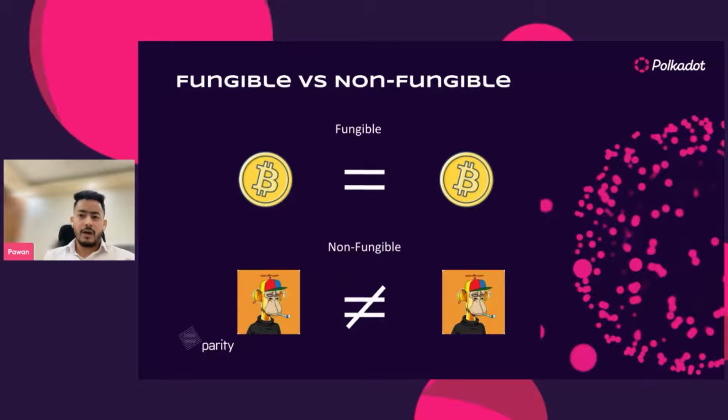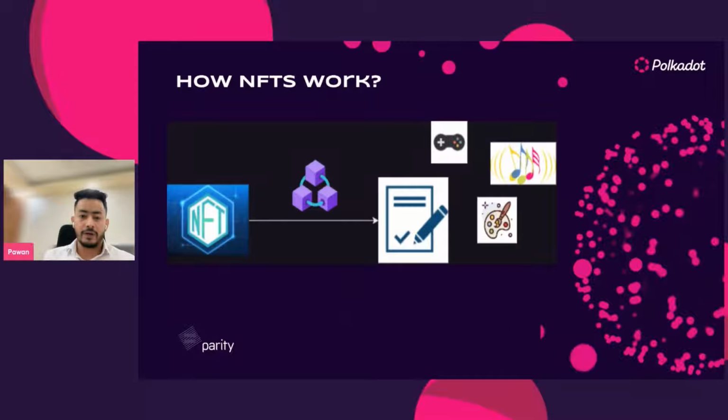But one property NFTs have is that they are extensible. We can combine one NFT with another in order to create a third unique item. So this is the difference between non-fungibility and fungibility. They are irreplaceable in simpler terms.